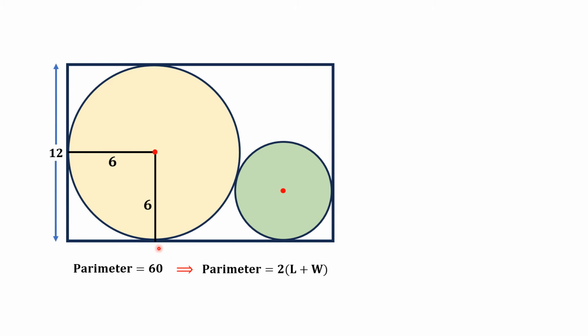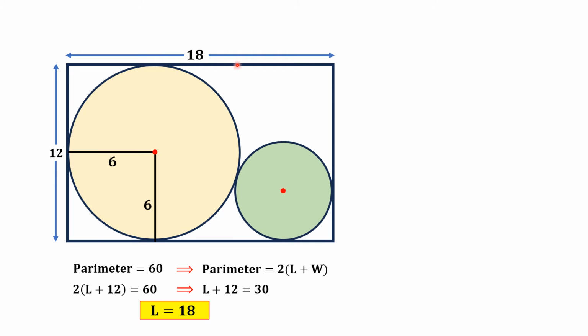If we substitute this value of width in this formula, we will get 2 times (L plus 12) is equal to 60, and from here if we divide by 2 on both sides, L plus 12 is equal to 30, and the length of this rectangle is 18 units.